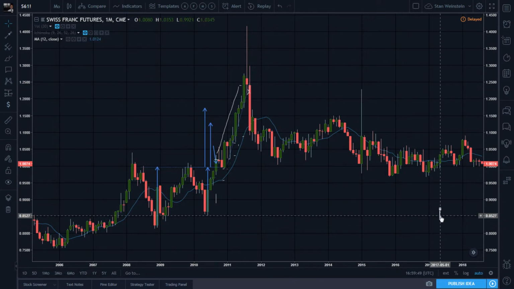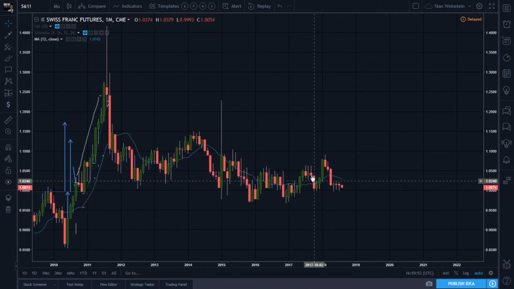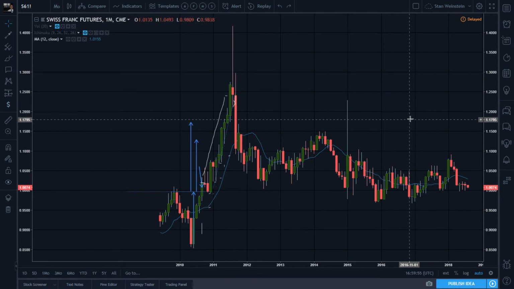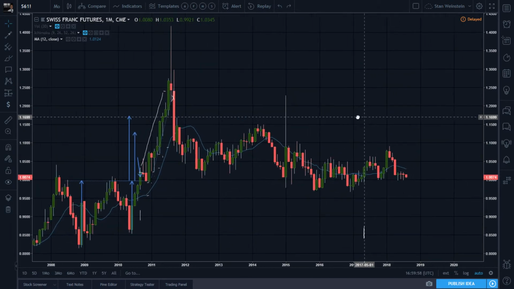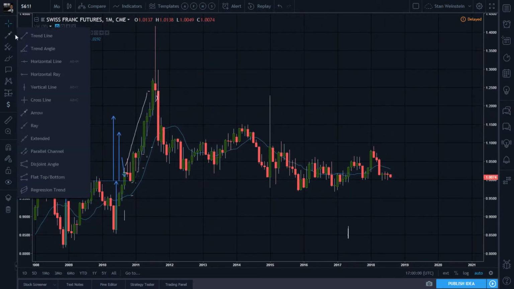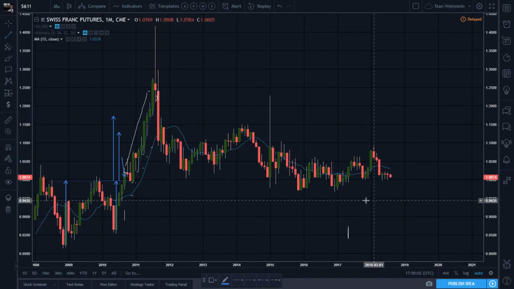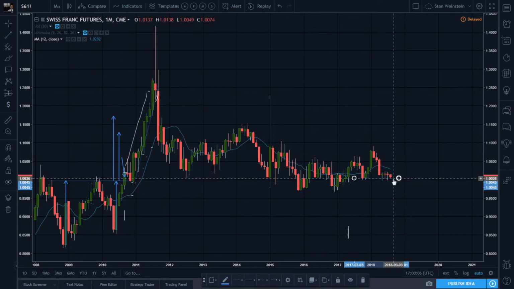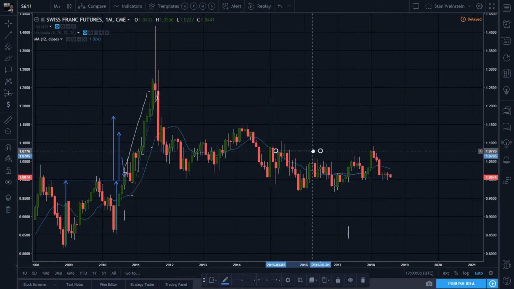So if we come back all the way, if we come back here, we would not have played those weekly breakouts because we have that rule that we want a monthly candle close. We want to get out of that noise, right?